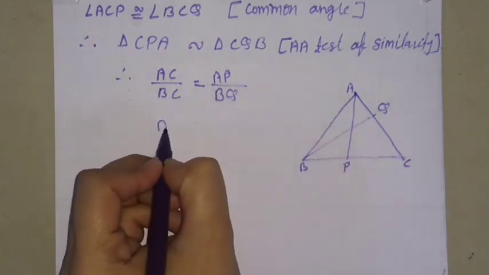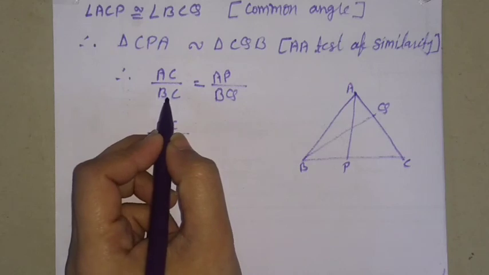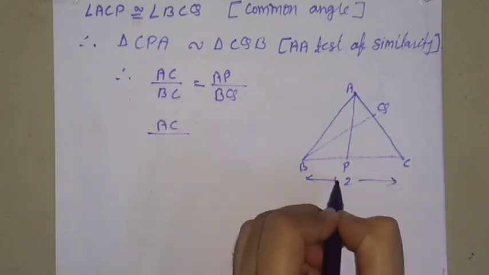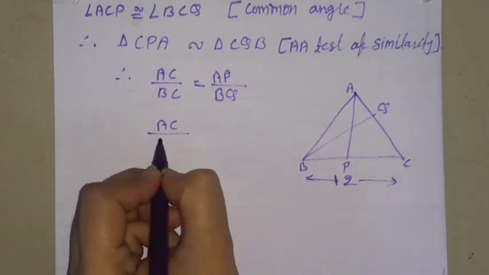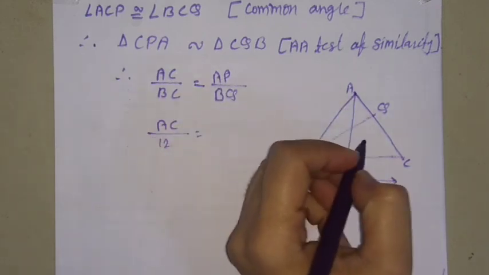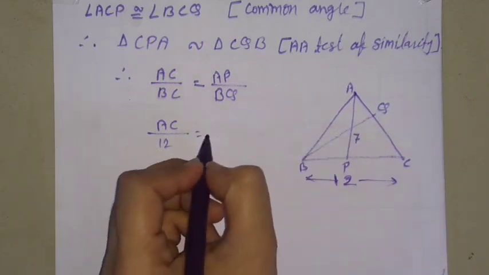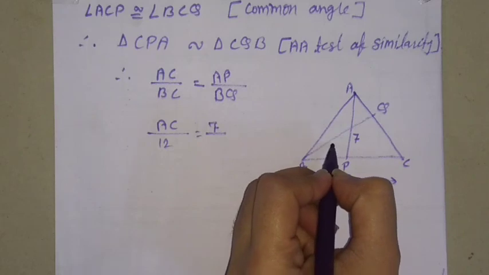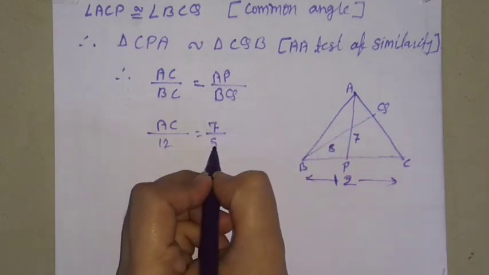AC divided by BC equal to 12, BC equal to 12, equal to AP equal to 7 divided by BQ equal to 8.